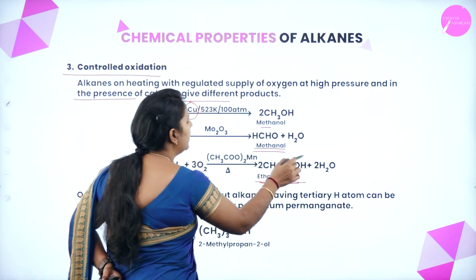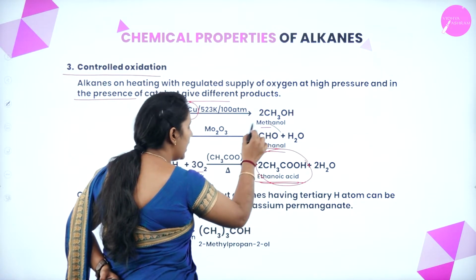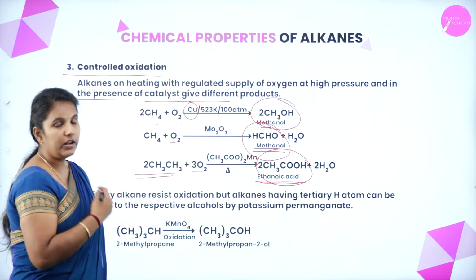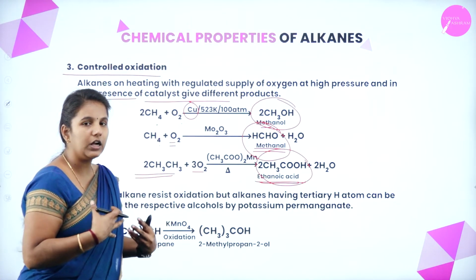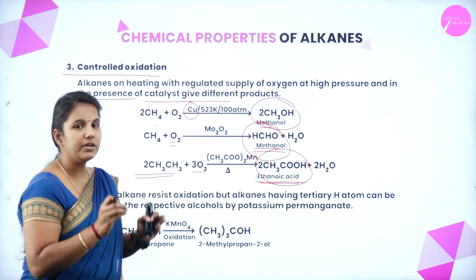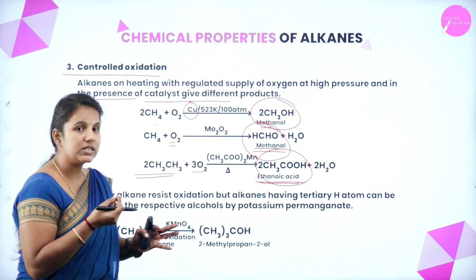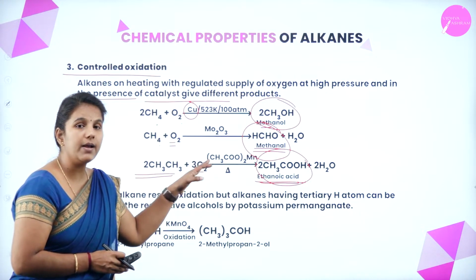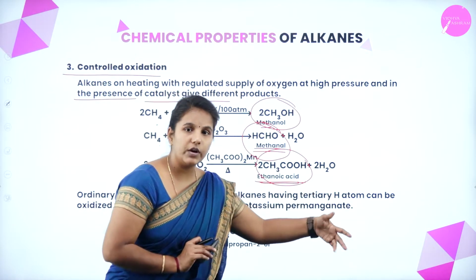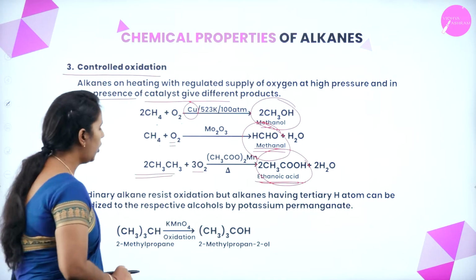You can see that an acid is produced, an aldehyde is produced, and an alcohol is produced. When you do the combustion by controlling the entire reaction, by supplying the limited quantity of oxygen required for the reaction and by using the suitable catalyst, different kinds of products are obtained.